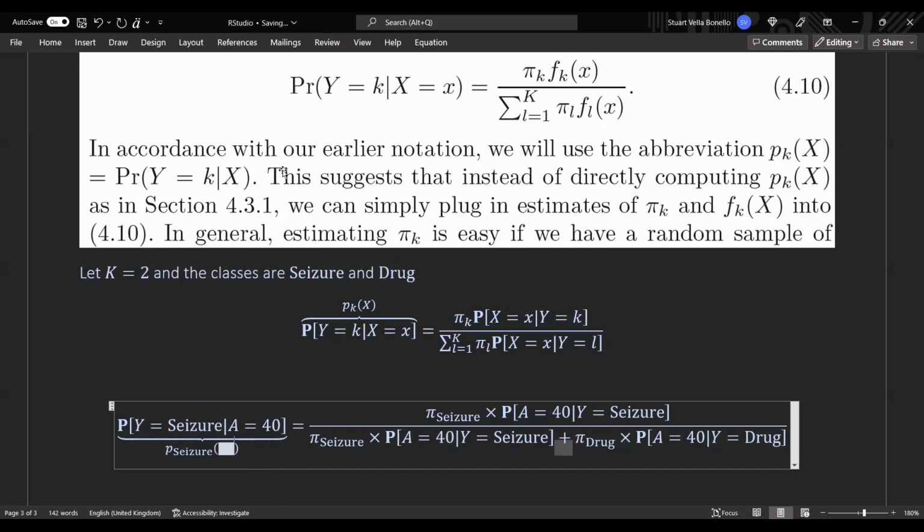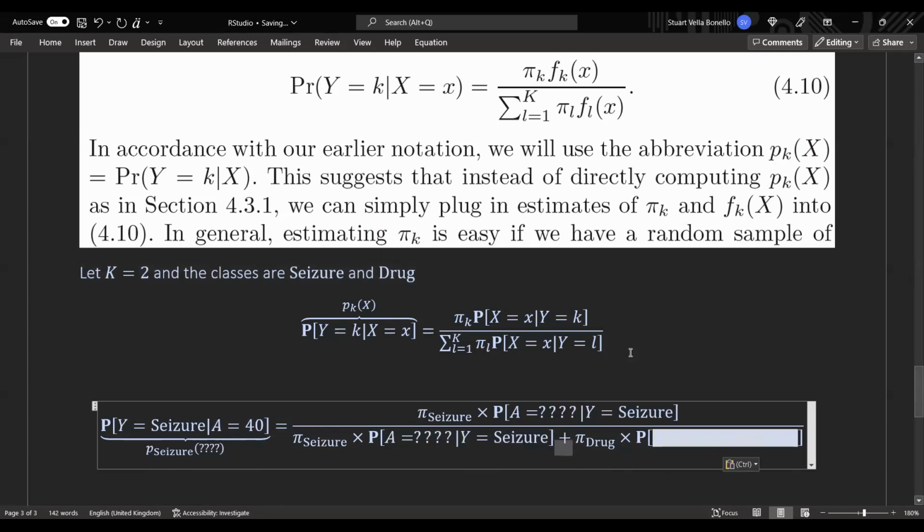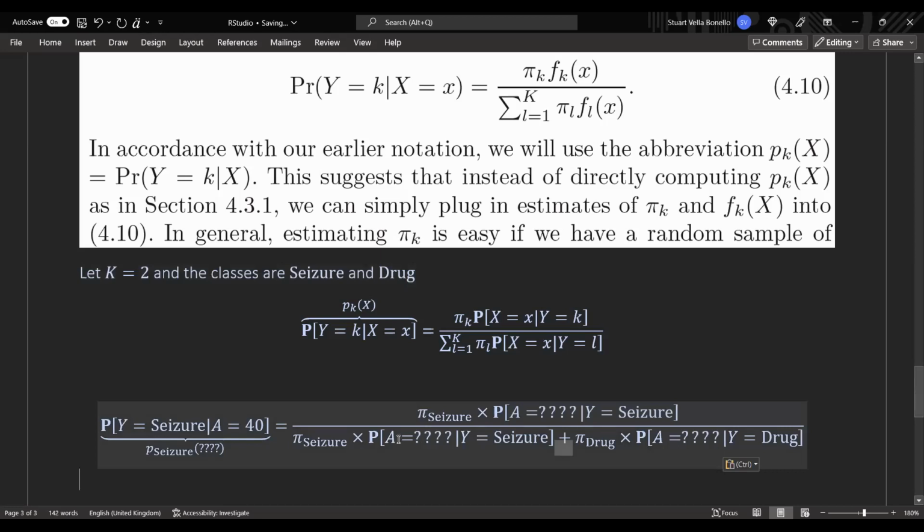You are asking what is the probability of seizure given a certain age? With Bayes' theorem, we may answer that question, but you first need to know the probabilities flipped around. What is the probability of that age given seizure?